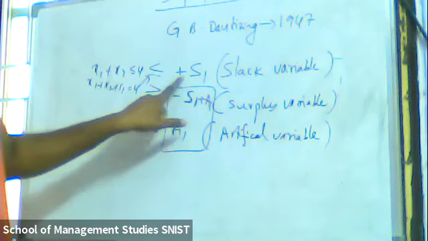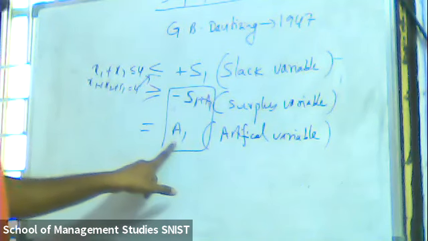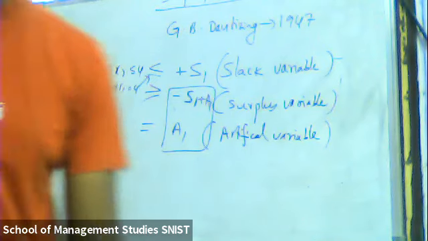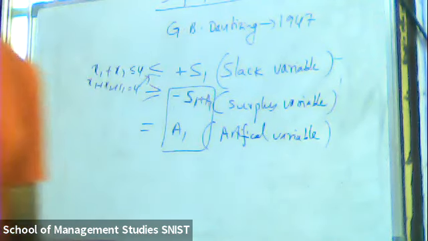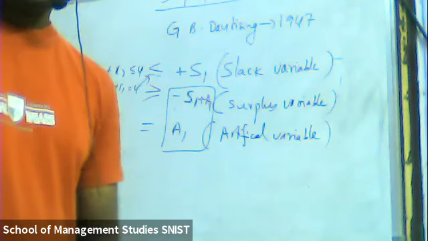Yes, sir. Clear? Okay, so slack variable, surplus variable, artificial variable. Now how are you going to identify slack or surplus? Any one of you? Less than and greater than symbols, sir.